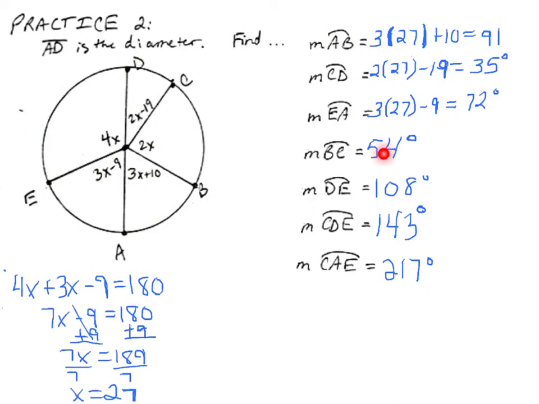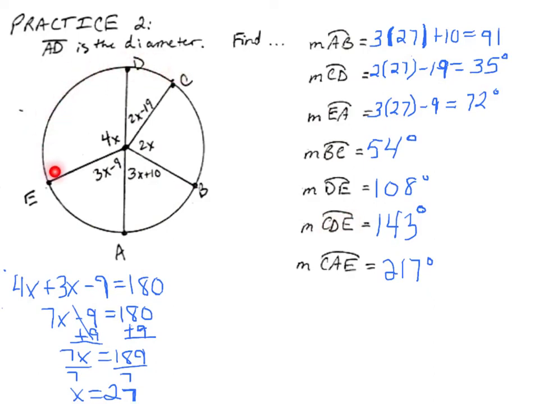BC is 54, arc DE 108. I do want to mention arc CDE. If you go CDE, that is definitely less than 180. It should be called arc CE, but it's allowed to be called arc CDE. Not trying to trick you or fool you, but just trying to show you that that's okay. It's your job to follow the letters, C, D, E. Go in that order.